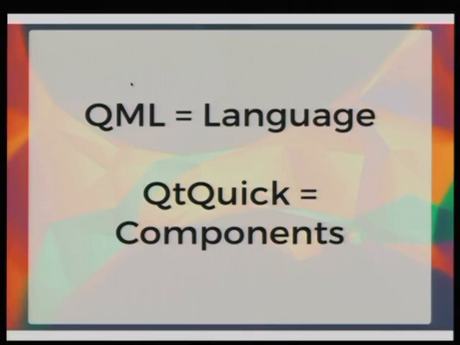Or you can just create your own, right? You can write your own module, usually in C++, but you can also create a module just by putting a bunch of QML files together and saying this is a module, and you install it into the Qt directory. And then from your QML code, you can just say import, my module, and QML will import your module and make the components that you created there available in the QML file.